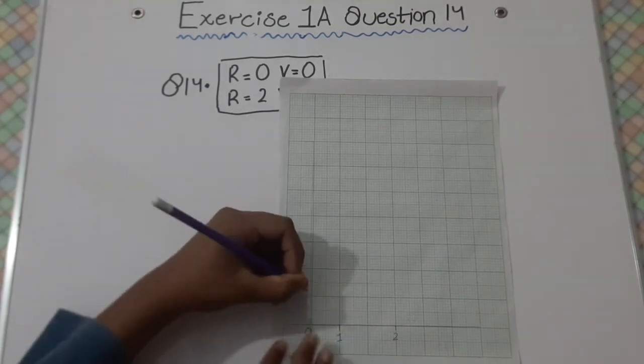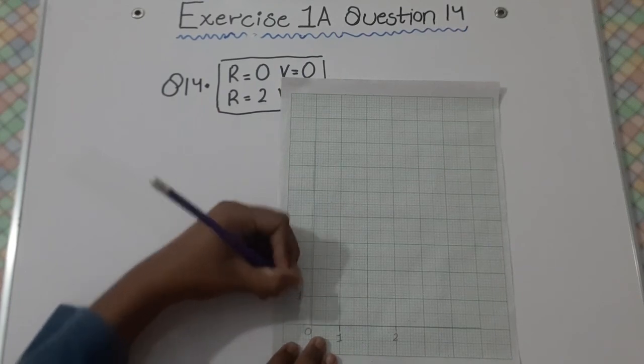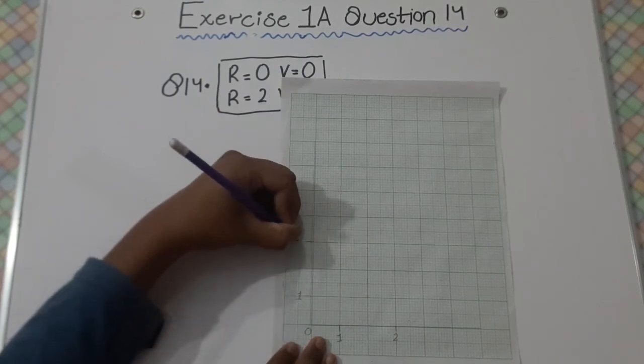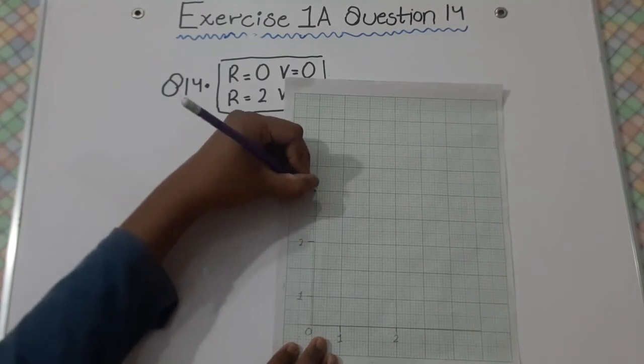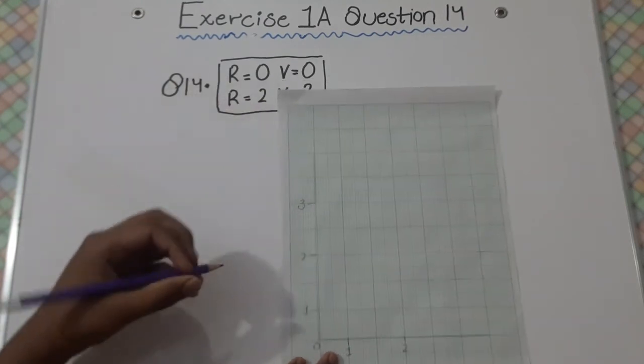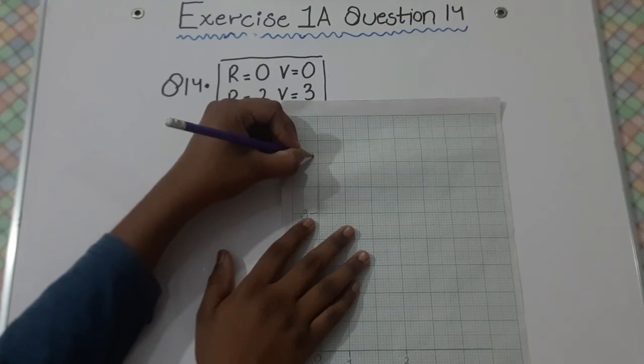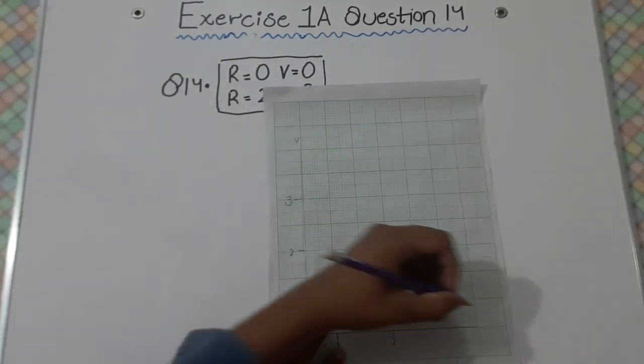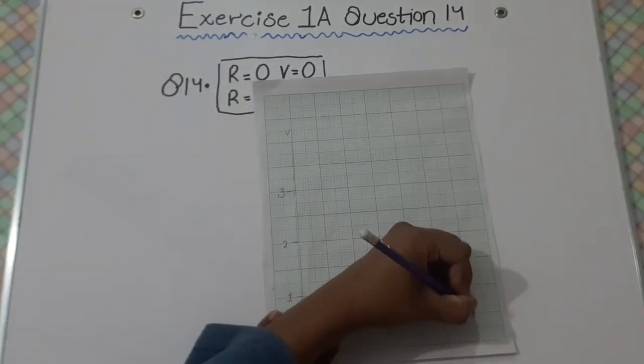Now this is 1, and then 2 and 3. So this line is for V and this line is for R.